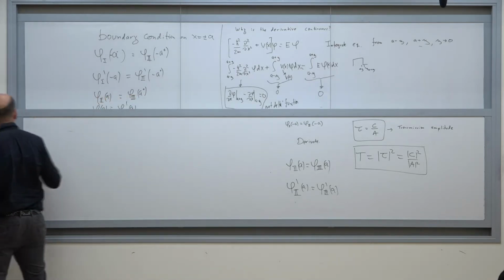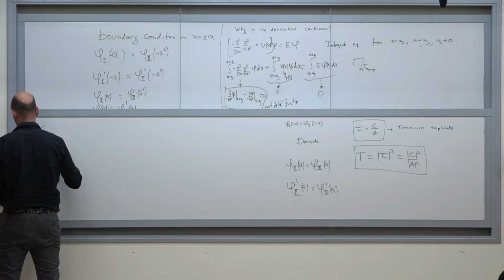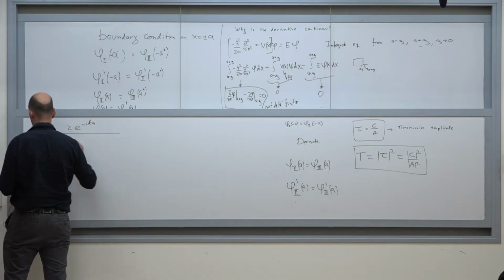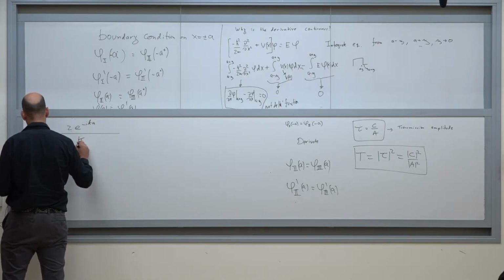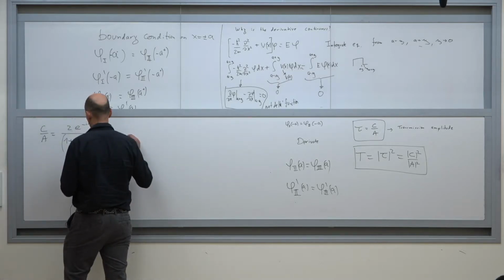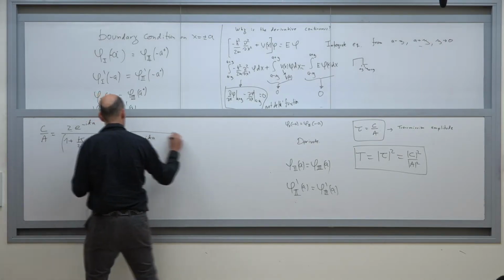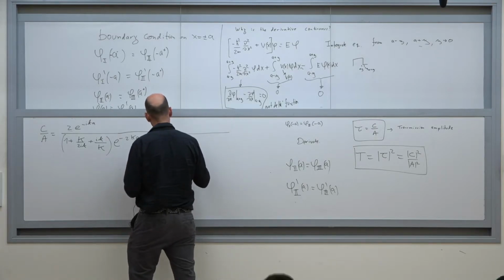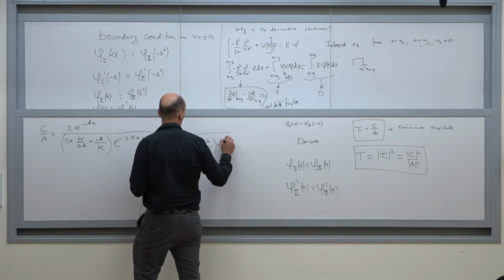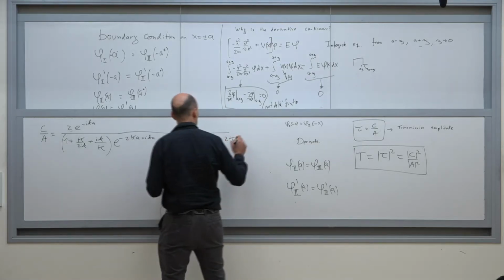So for example, what I found for C over A is 2e^{-ika}, over (1 plus kappa over 2ik minus ik over kappa) e^{-2 kappa a + ika}, plus (1 minus kappa over 2ik plus ik over kappa) e^{2 kappa a + ika}.